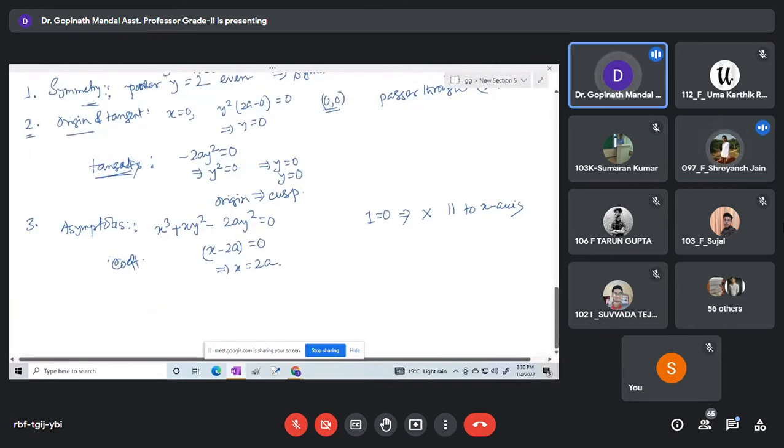So x equal to 2a is the asymptote parallel to y-axis.